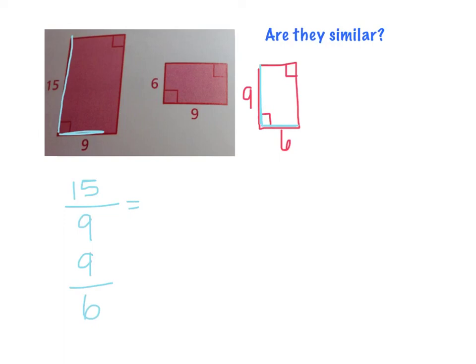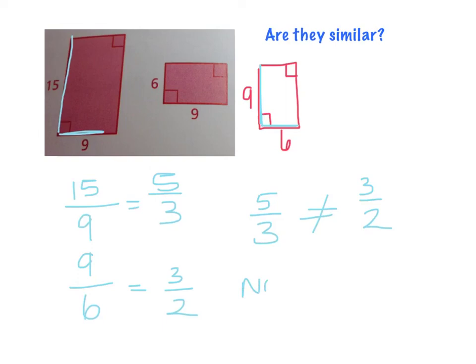So now I'll reduce, this reduces to 5 over 3 and this reduces to 3 over 2. And so the ratios here are not equal to each other. 5 over 3 is not equal to 3 over 2. So these are not similar.